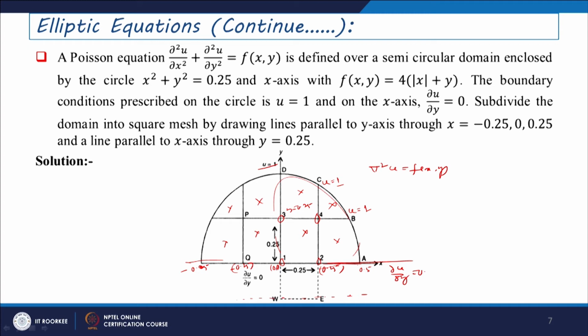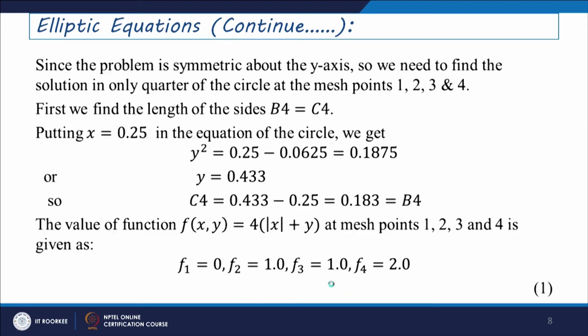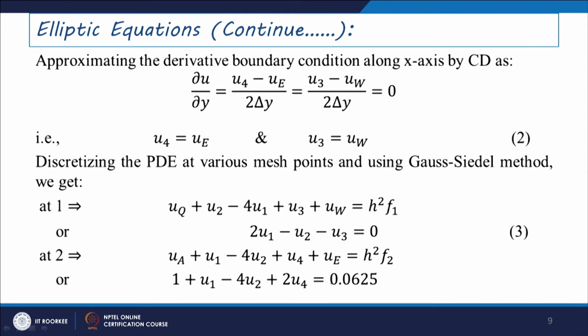So, if you take the difference u4 minus ue by 2h, or the length here, then we can obtain this derivative at this point. So del u by del y can be written in the form of u4 minus ue by 2 del y.